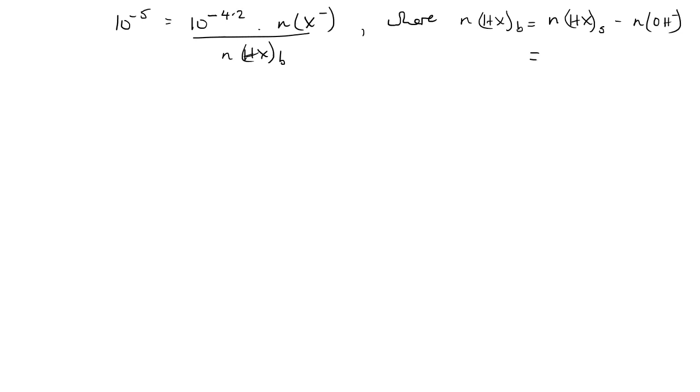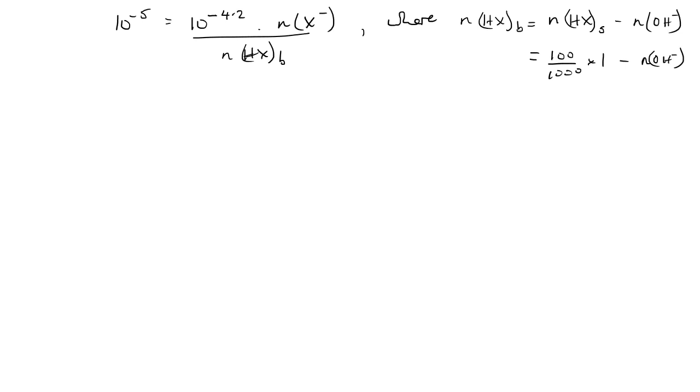So the moles of ethanoic acid at the start was 100 cm cubed again, wasn't it? So that's 100 over 1,000, and our concentration was 1. And this is what we don't know, so we'll leave it like that for now. And now we're just going to substitute those into this first equation.